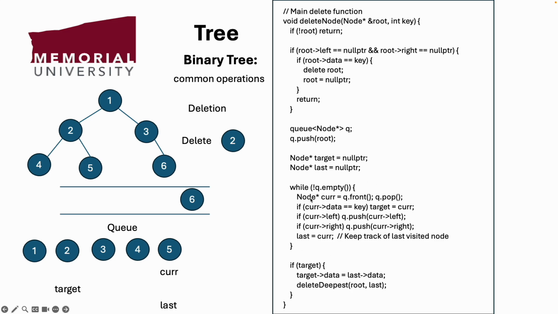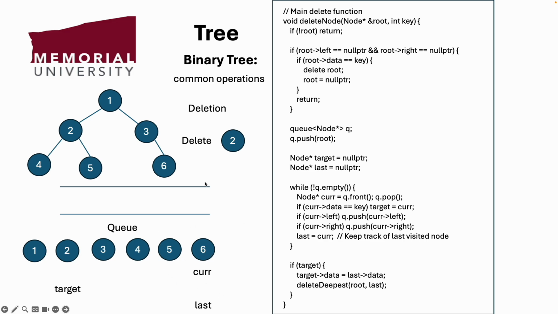The queue is still not empty, so the while loop continues. Then 6 is popped, and the current is assigned to point to 6. Same step here. The current data does not match the key, and 6 doesn't have any child, right? The last pointer is assigned to the new position, pointing to node 6.